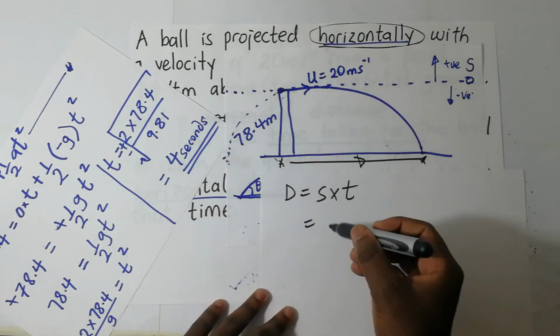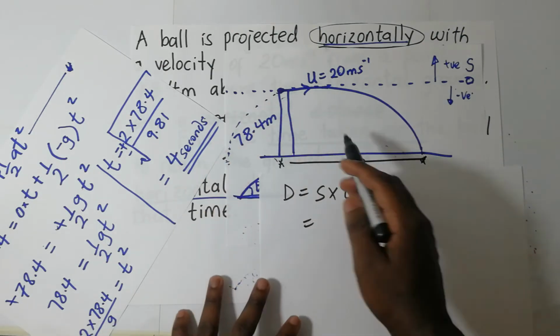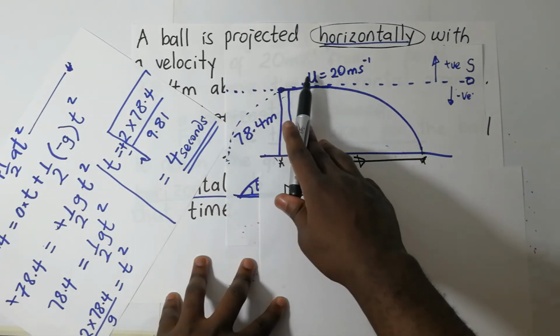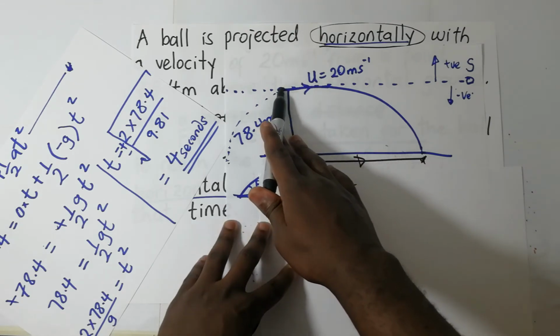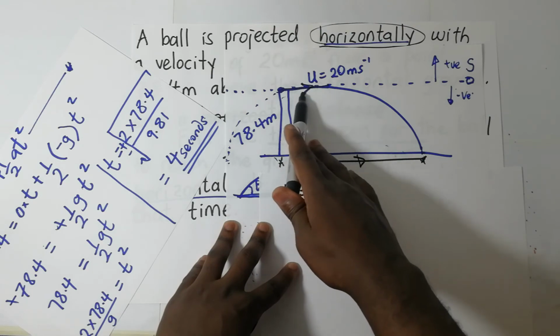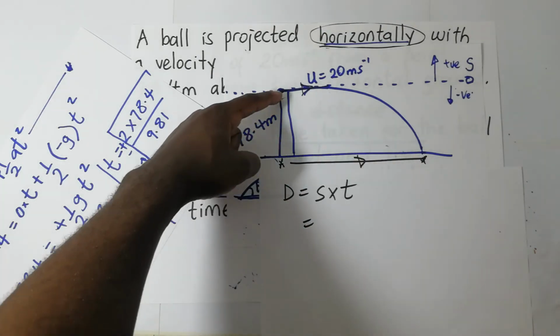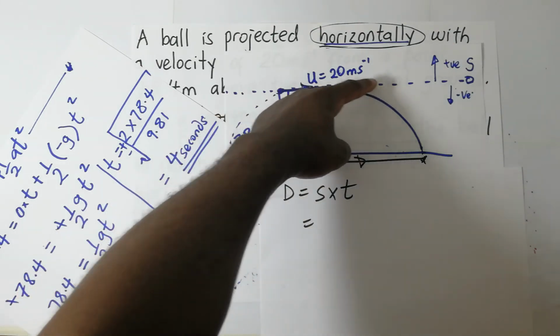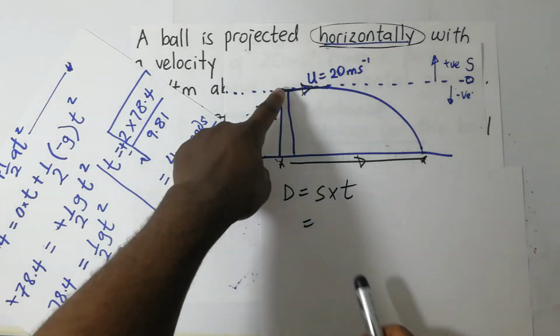It's like saying there is no need to resolve it. Or if you are to resolve it, you say there is no angle between the direction of this projection and the horizontal. In other words, the direction in which this particle was projected and the horizontal are lying in the same plane, so the angle there is 0.